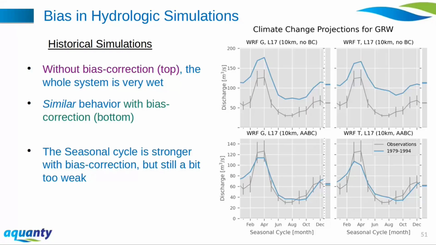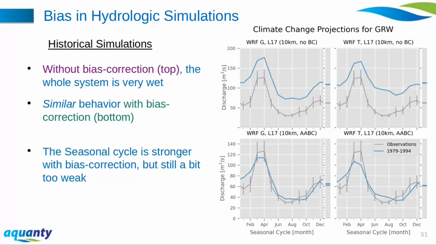The left-hand side is the G configuration, and the right-hand side is the T configuration. The T one is the one that has the very large precipitation bias in summer. The top row is without bias correction, and the bottom row is with bias correction.